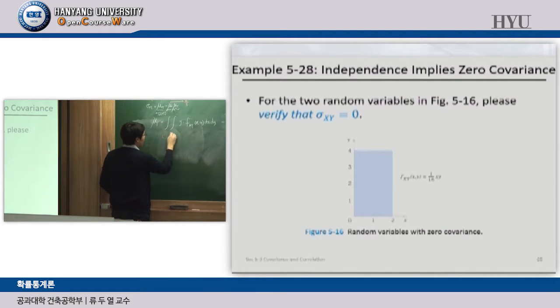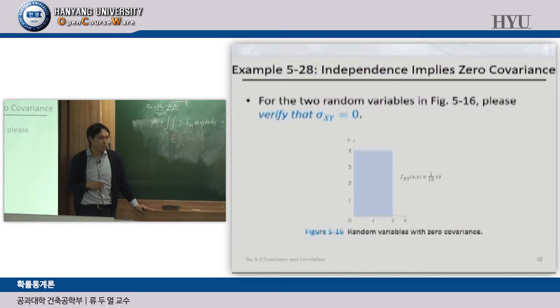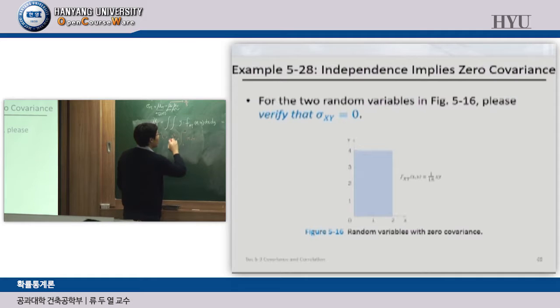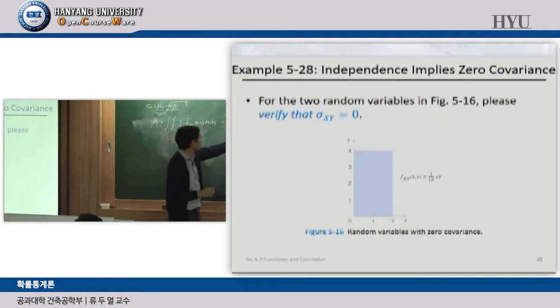C is equal to the integration from 0 to 2. This is y squared over 16 by the integration from 0 to 2 of x dx. This is the x term, okay?